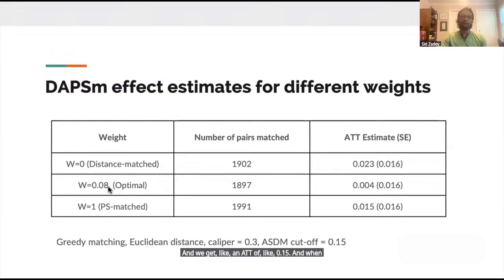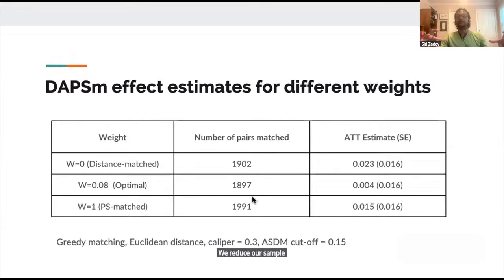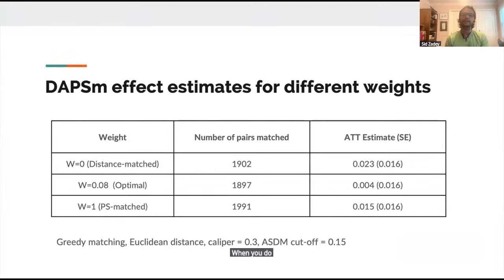And when we use the optimal weight matching, our optimal weight in this case was about 0.8. We reduce our sample size because we are trying to use everything that we have for the match. So that's another consideration, how much power you lose when you do these sorts of matches.